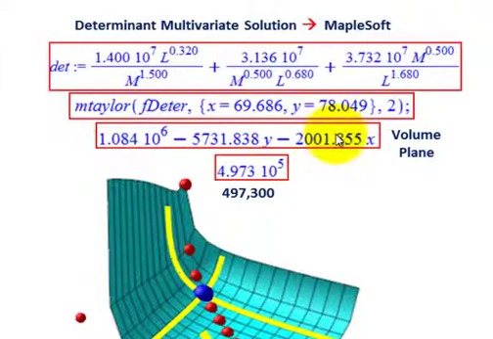So from this I can plot really a volume or a plane. If I put my numbers as those x and y values into this volume plane, or this linearization of my determinant multivariate solution, I'm going to come up with a determinant value of 497,300.